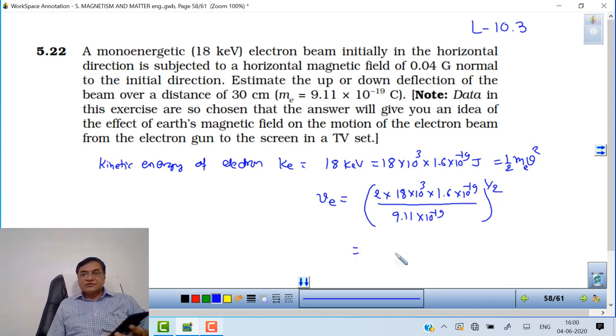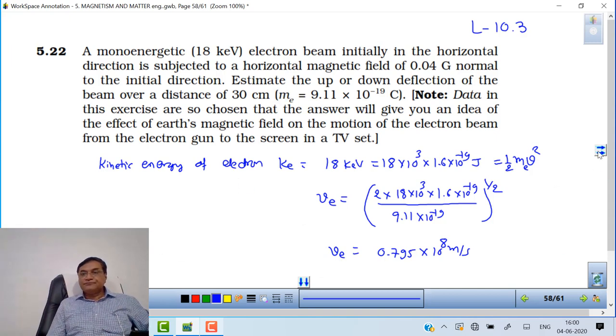I do the calculation separately, and that comes out to be 0.795 into 10 raised to 8 meter per second. This is the velocity of the electron.